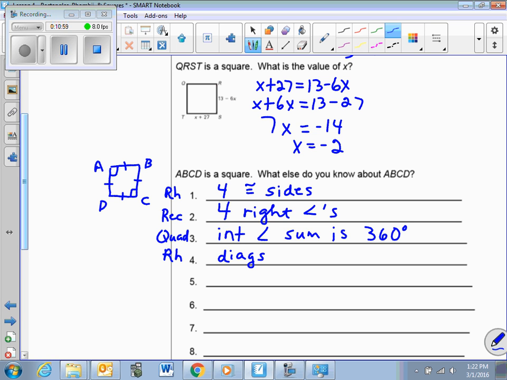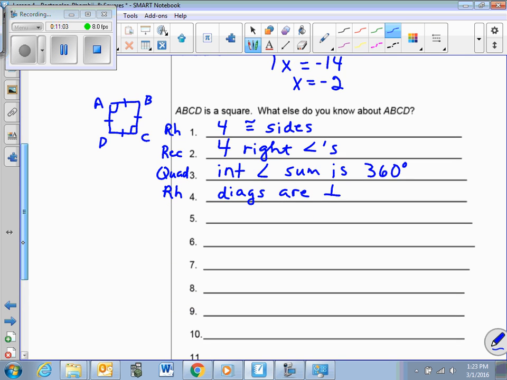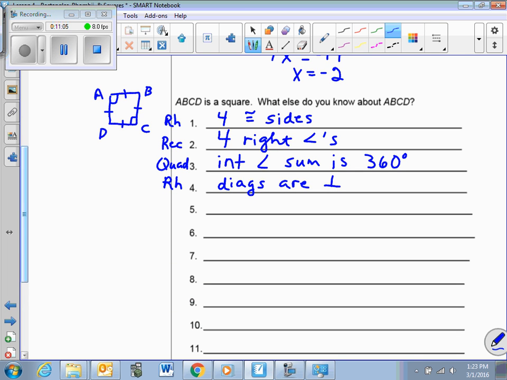The diagonals are perpendicular. Is there anything else we know about it because it's a quadrilateral? How about the sum of exterior angles? What's the sum of the exterior angles always in any polygon? 360. Exterior angle sum equals 360 degrees.